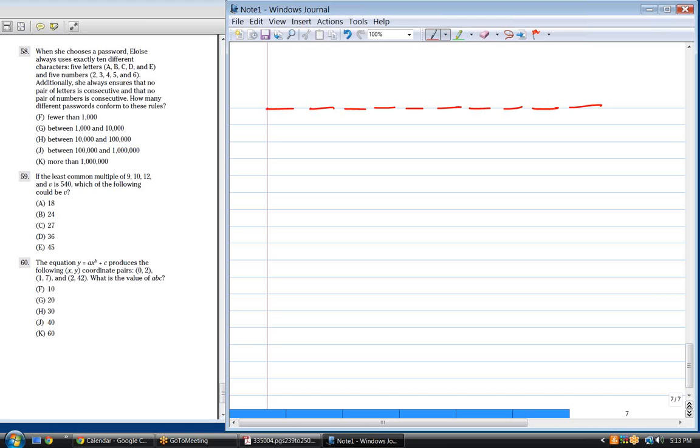How many choices? This is always a choice question. Problems like this might be a combination or permutation problem, and if you knew how to set it up as that, that'd be the way to do it. But personally, I find it easier to look at the first character. How many choices do we have on the first character? 10, I think. How many choices on the second character? 5.